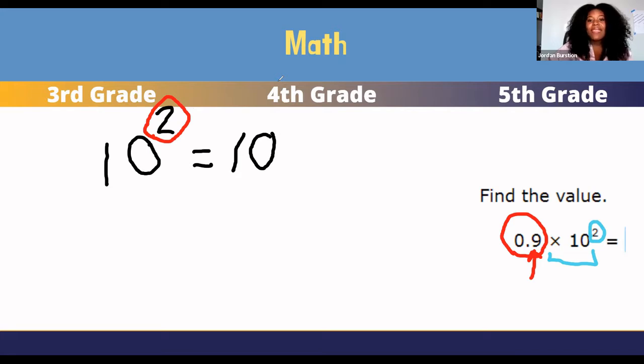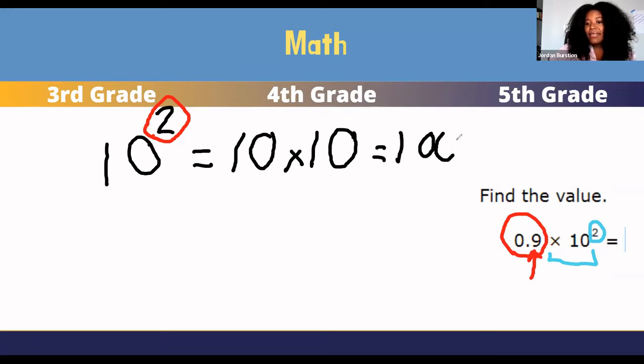All right, so let me go back. 10 times 10. Now, even if you're a younger student and you're not familiar with exponents yet, you can still solve this. 10 times 10 is 100. Now I'm going to go back to the problem.